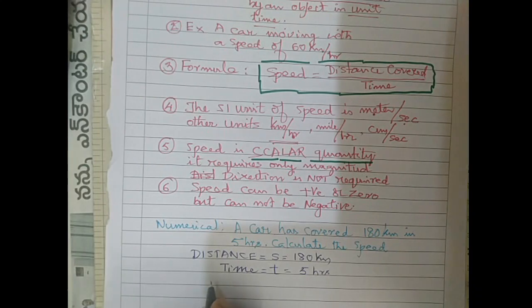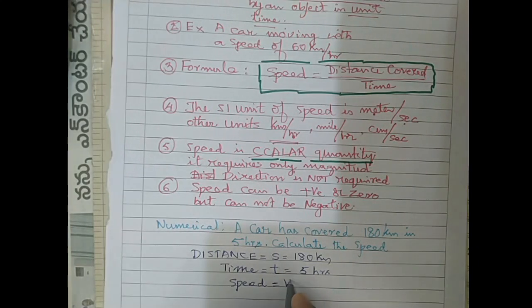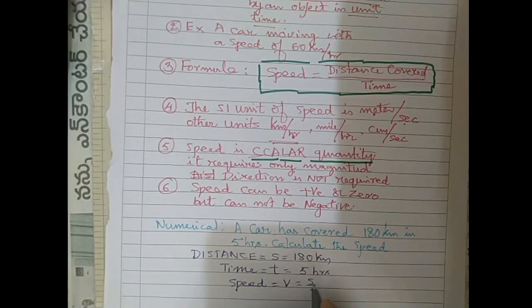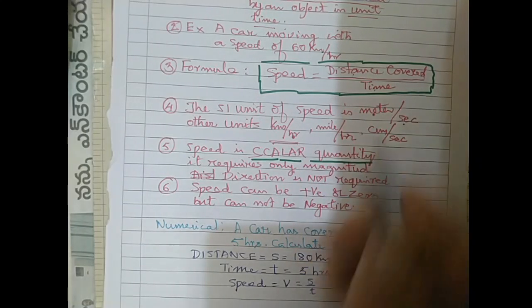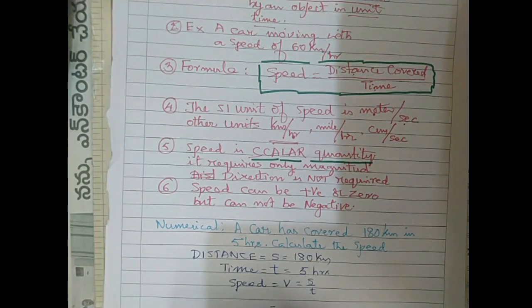Now our aim is to calculate the speed. You write the formula for speed. Speed, generally indicated by V, is equal to S by T. S stands for distance, T stands for time. I repeat, S stands for distance, T stands for time. So we substitute the S value and T value. V is equal to 180 kilometer per 5 hours.